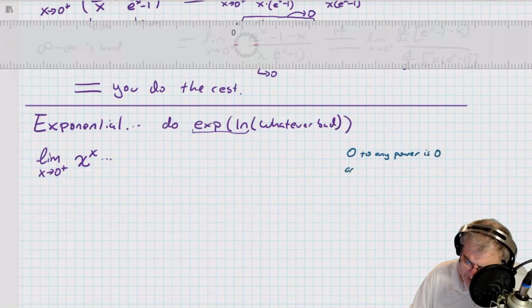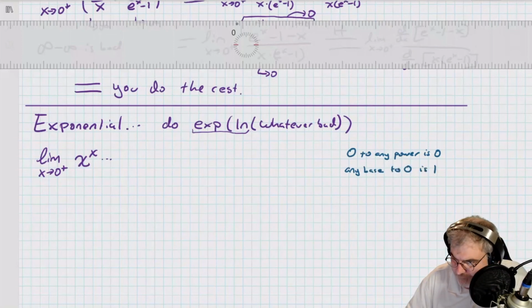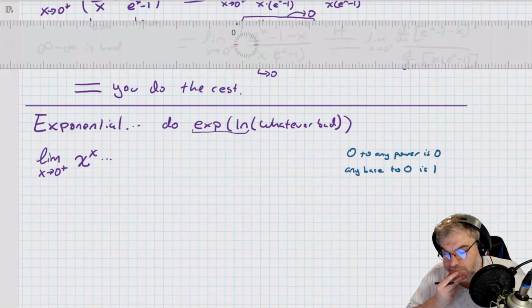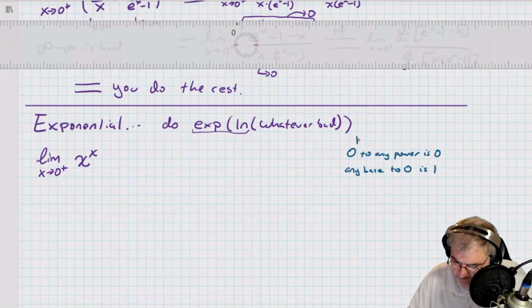But any base to 0 is 1. Ugh. Missing a clip. Okay, so how am I going to fix this?